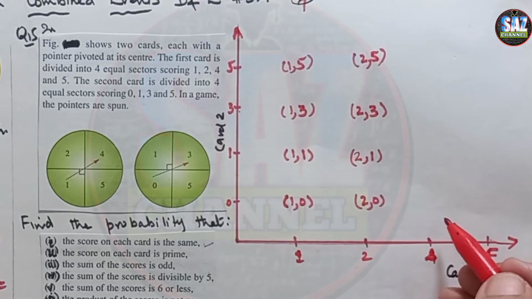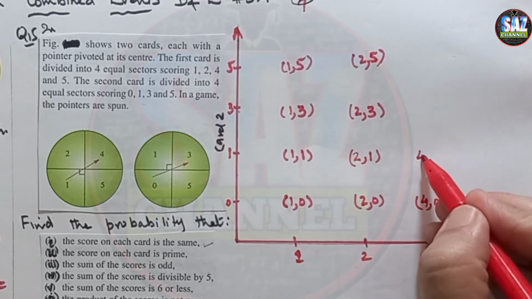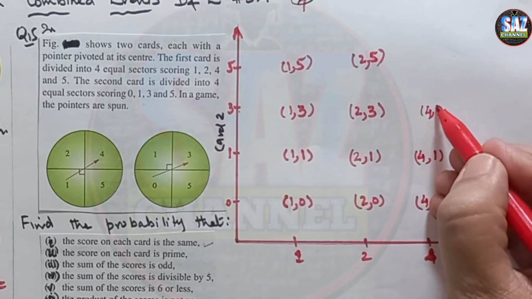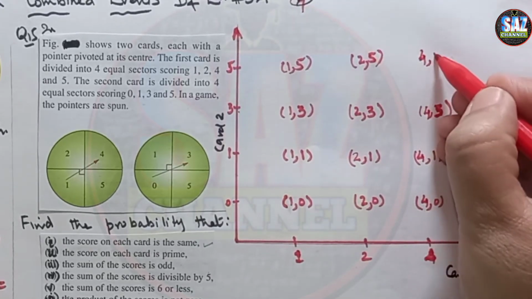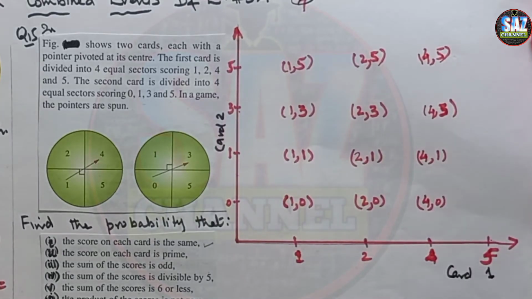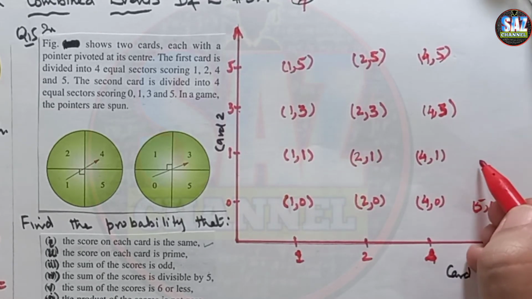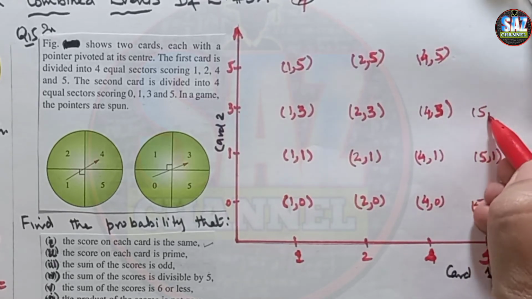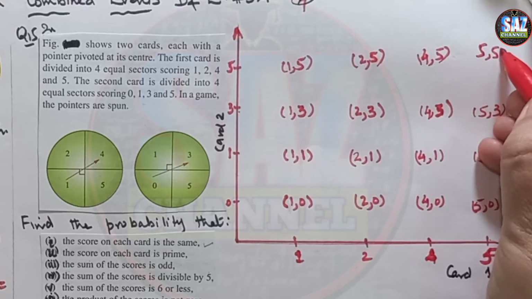Then 4 with 0, 4 with 1, 4 with 3 and 4 with 5. Then 5 with 0, 5 with 1, 5 with 3 and 5 with 5.